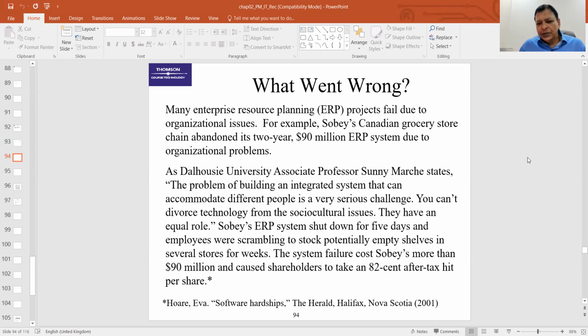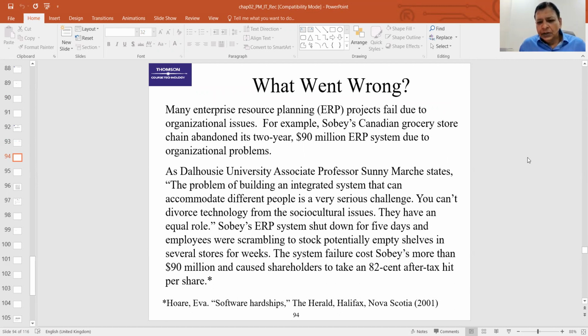The ERP system of Sobeys shut down for 5 days, and there was no business. The employees were suffering because there were empty stores, and they were trying to maintain their stock while transitioning from the ERP system back to the traditional system.